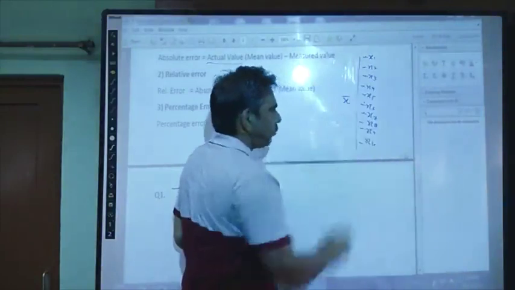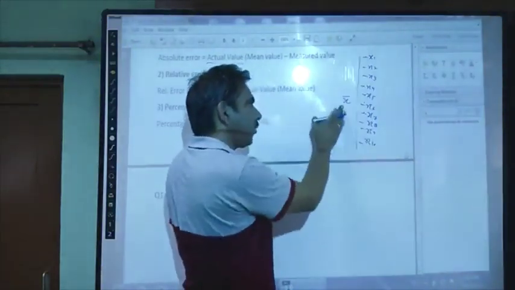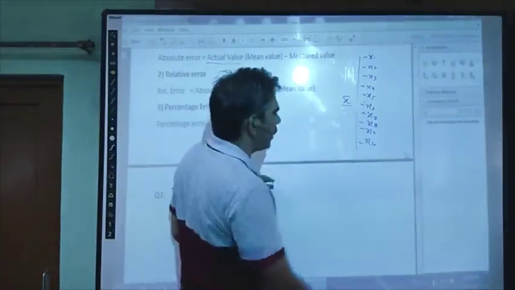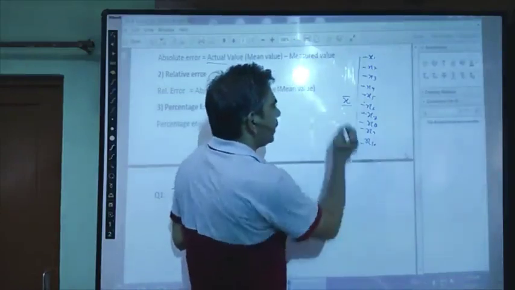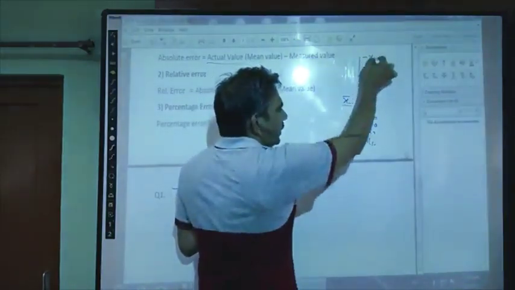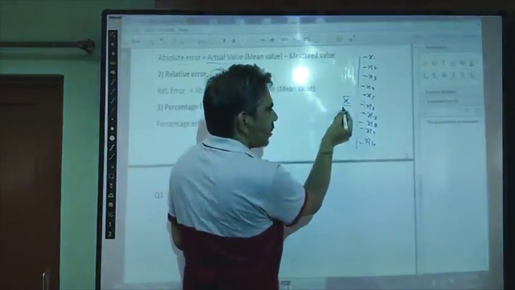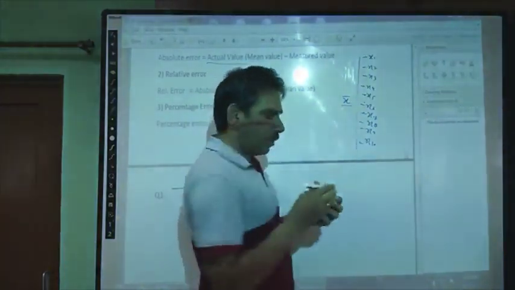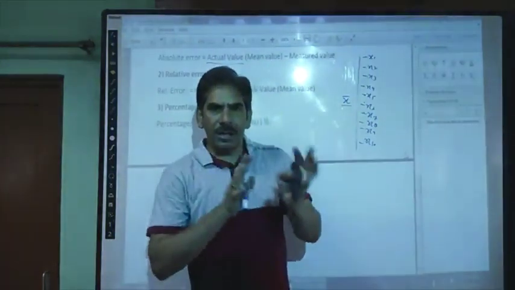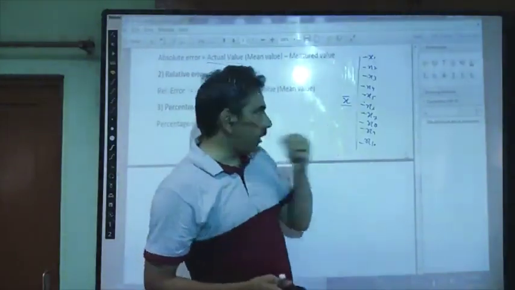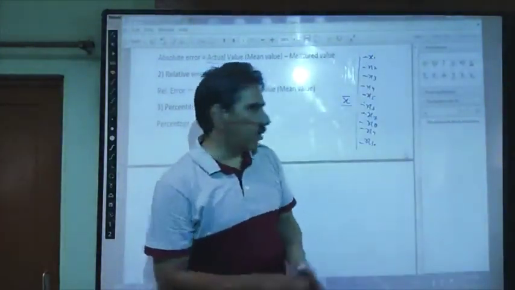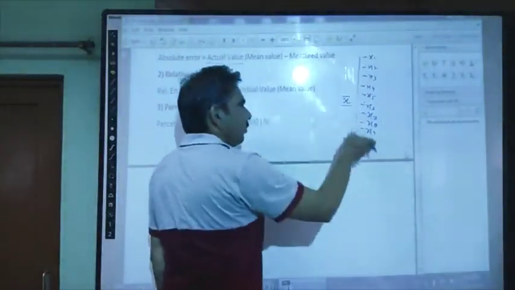So we have 10 observations, and we have taken the mean of all these, represented as x bar. Now we take the difference of each value from this mean value, because the mean value is what we call a more generalized or accurate result in comparison to all these observations.